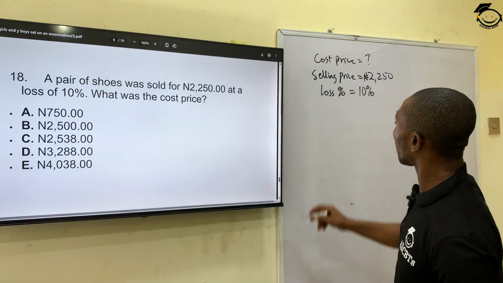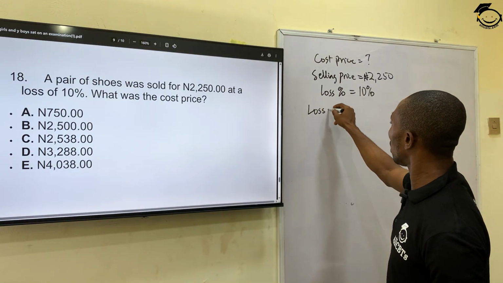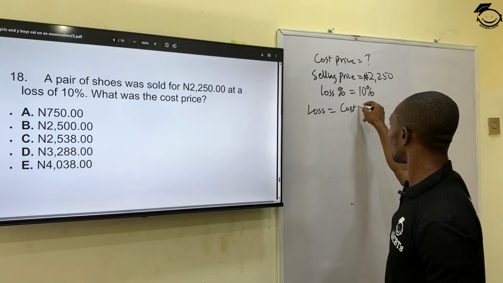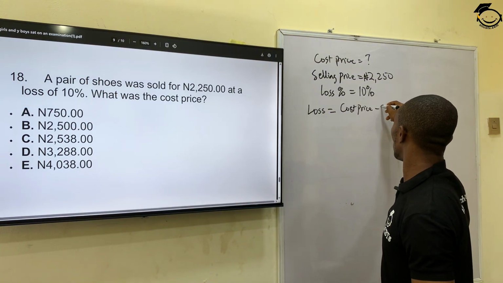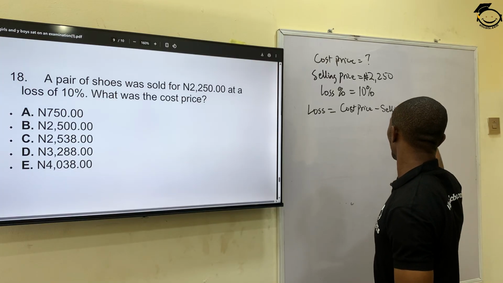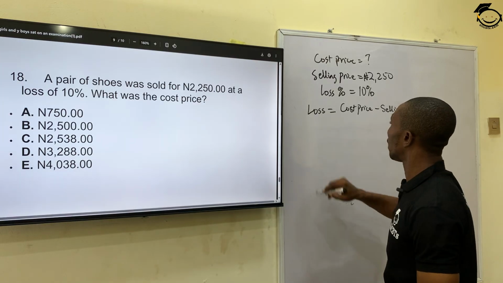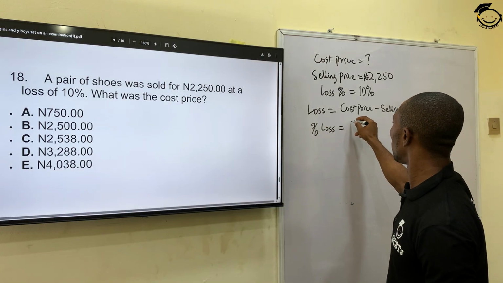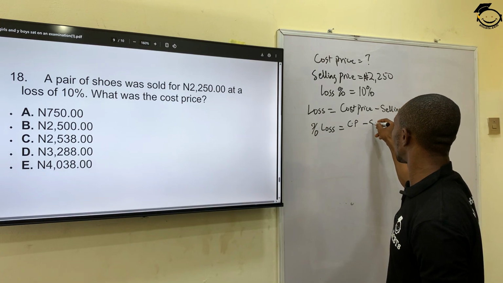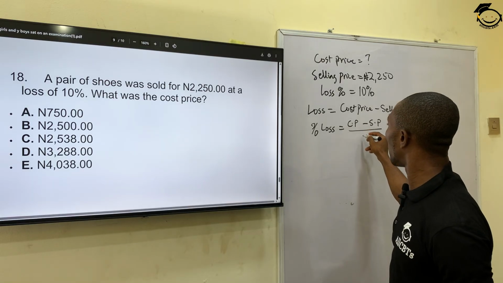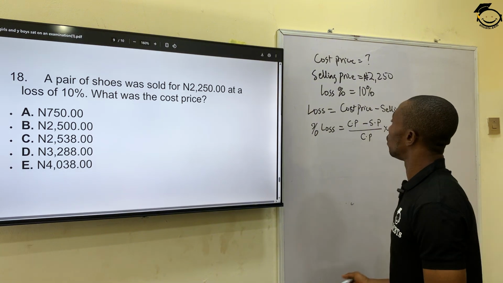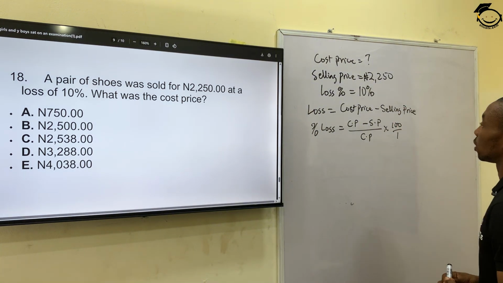Now we know that loss equals cost price minus selling price. So for percentage loss, we have cost price minus selling price all over cost price times 100 over 1 will give us our percentage loss.